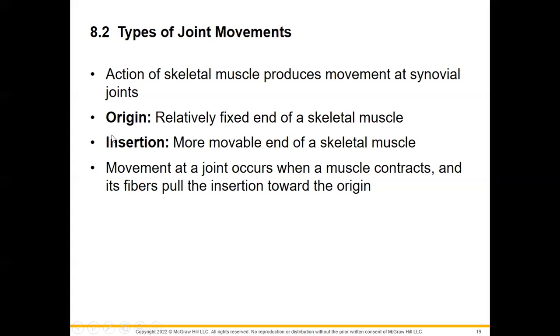The origin is relatively fixed. So this is the end of the muscle that is not moving at all. The insertion is the more movable end. So this is the end that actually produces the movement in the joint or at the bone level. All right, so you have your origin that's relatively fixed. You have your insertion that is more movable, and this is the one that actually allows the movement of the bones at the joint.